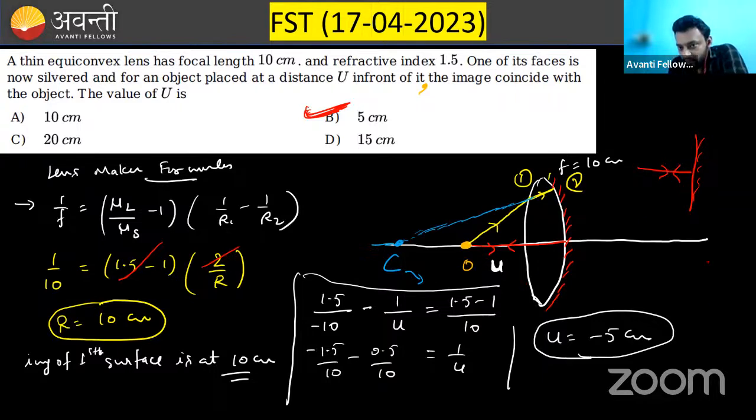In case of concave mirror, this is the center of curvature. The ray which is going from the center of curvature will be returned back. Why? Because from the center of curvature, this is becoming the radius. So radius is always perpendicular to the surface. So if light reaches perpendicularly, then it retraces its path. That's why I'm saying that if rays should reverse their path, then they must be coming perpendicular to the mirror. That's why it should be coming from the center of curvature.